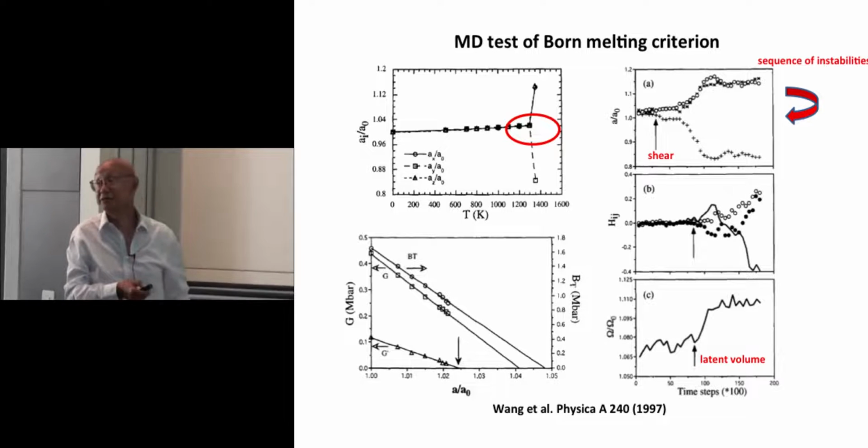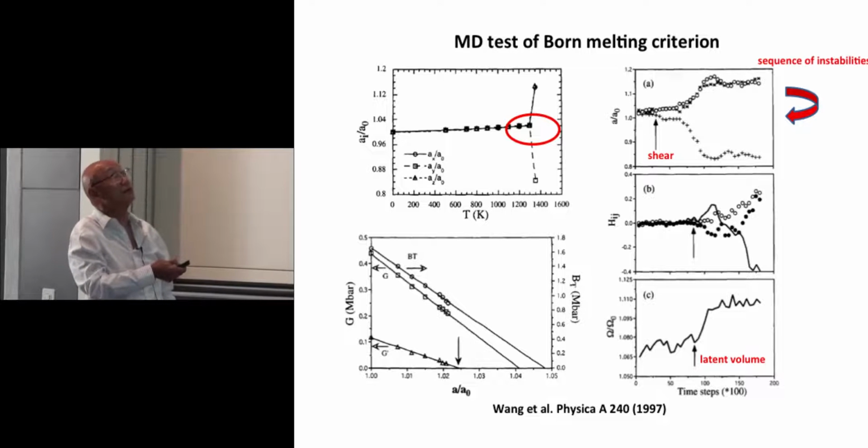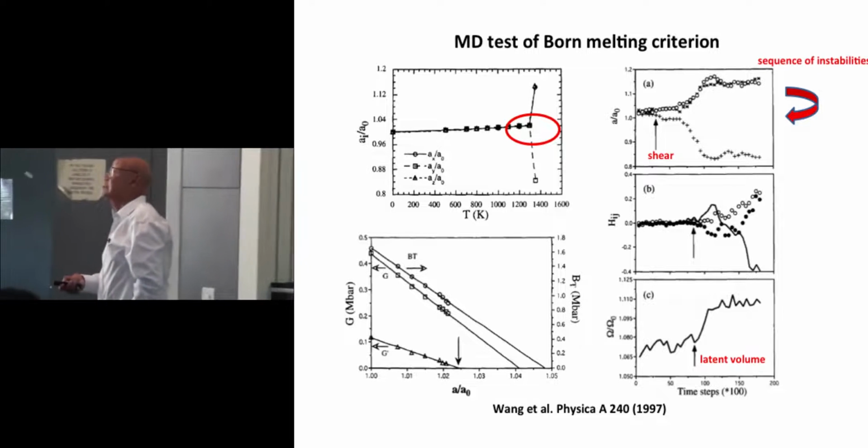There is a bifurcation. So if you do nothing else, you realize something interesting is happening here. It turns out that two of the three lattice parameters increased, one of them decreased. So you go from cubic to tetragonal symmetry. And the system just did that.